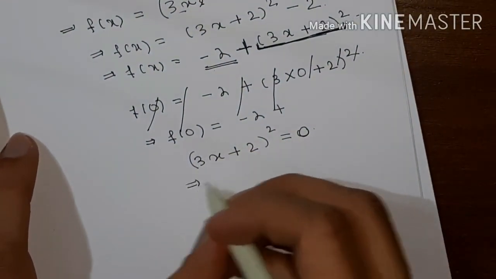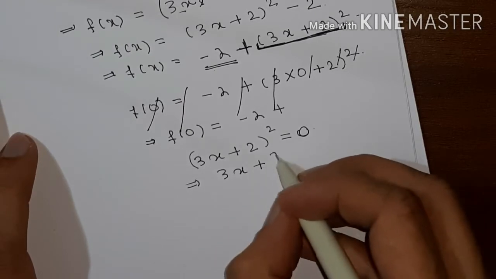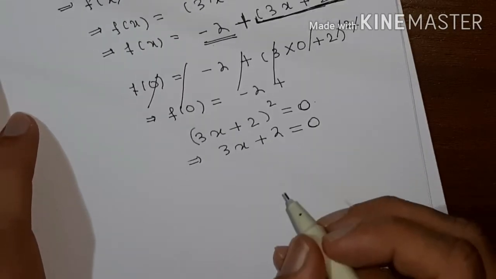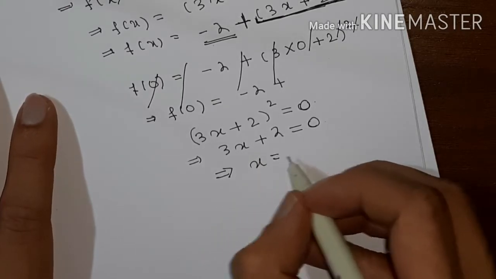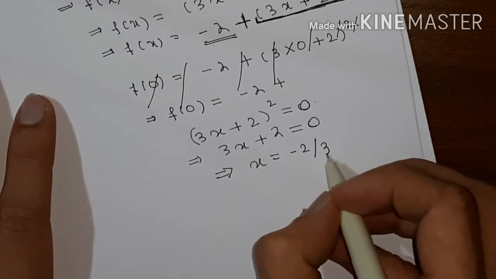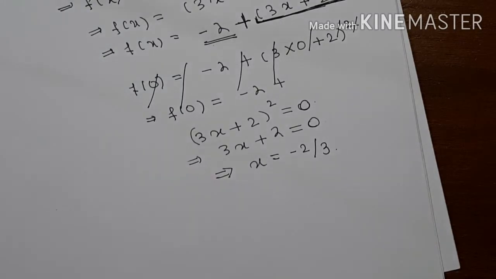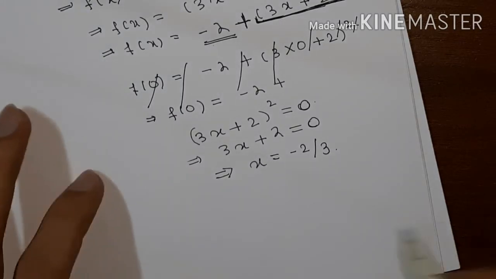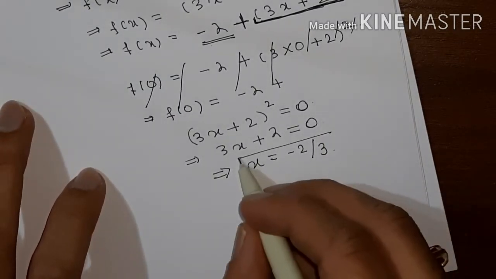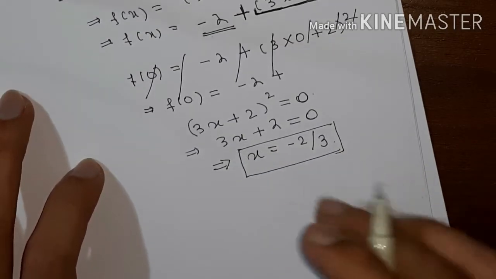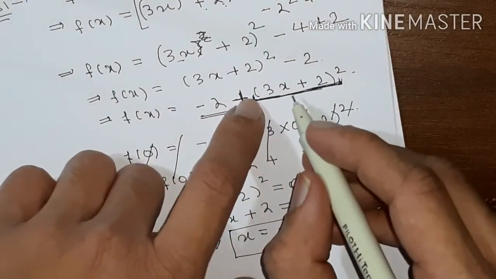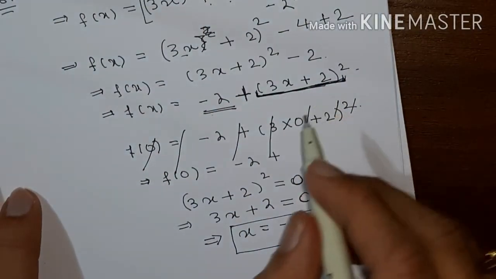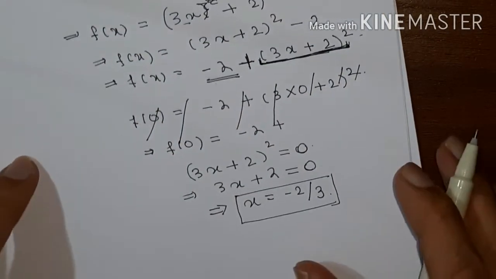So what you'll get: 3x + 2 = 0, so x is equal to minus 2 divided by 3. All right, so you are getting x = -2/3. At that point this will become 0, and so what you will get is the minimum value.